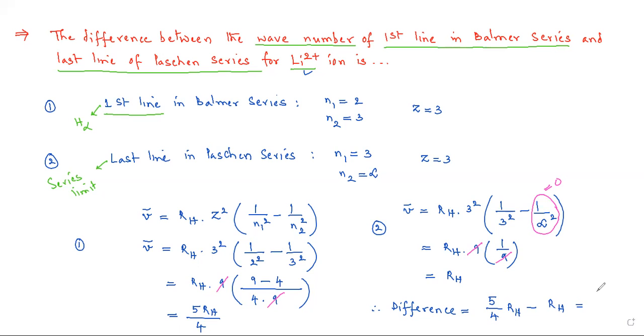So that comes out to be RH by 4. Okay. So this is what. You should know the values of N1 and N2. Of course, the value of Z. You all know what the N1 and N2 values are. I've given examples yesterday. Now the expression. That's it. If you know these things, you can solve any type of problem.